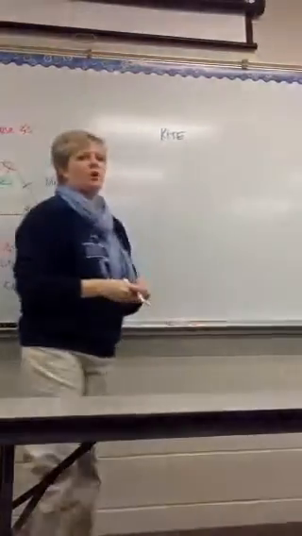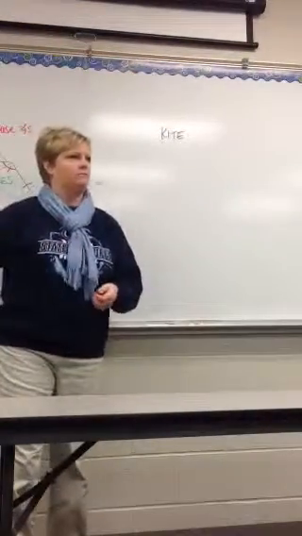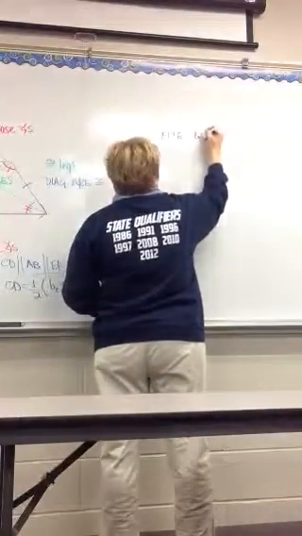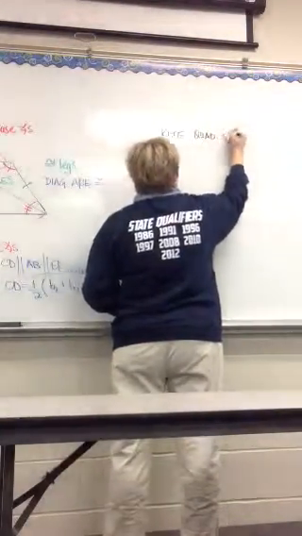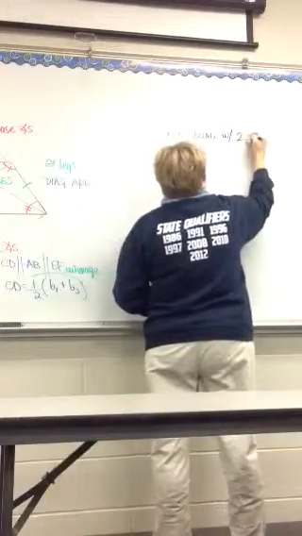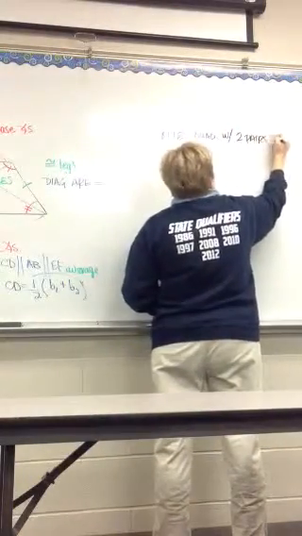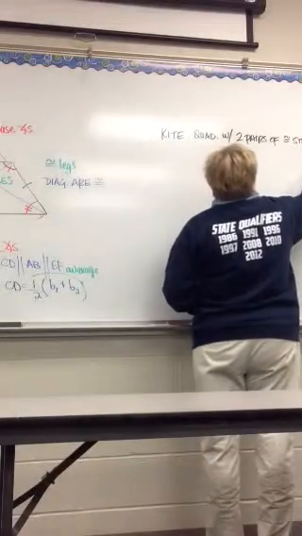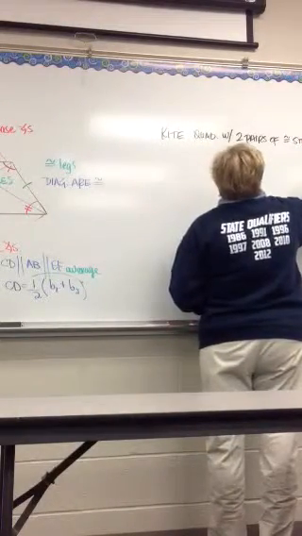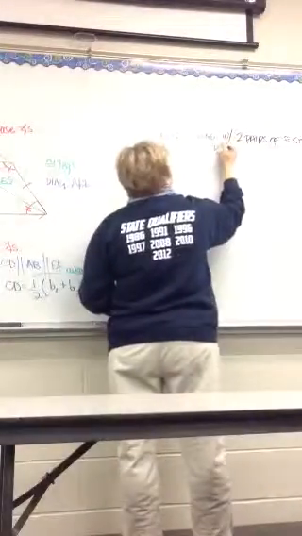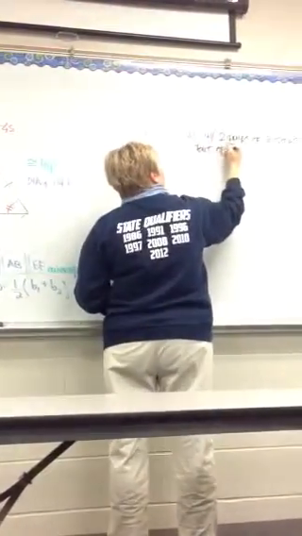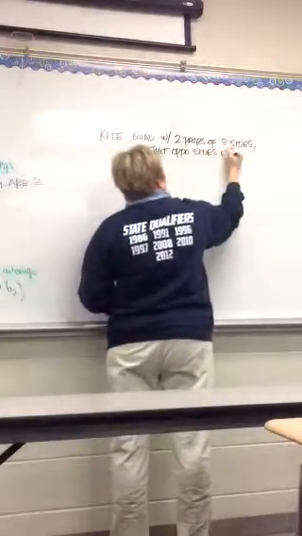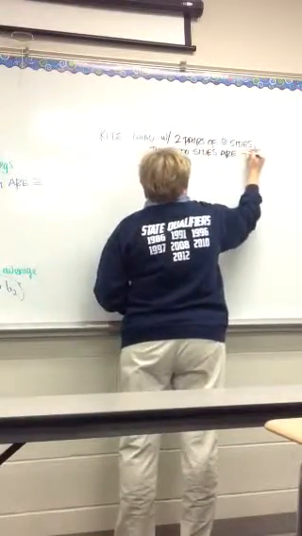Height is kind of in its own little island, okay? A kite is a quadrilateral with two pairs of congruent sides, but opposite sides are not congruent.